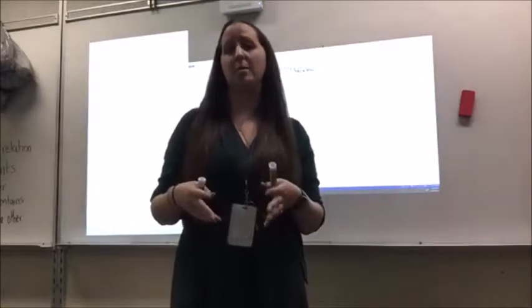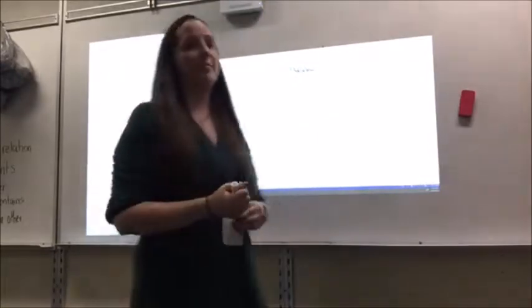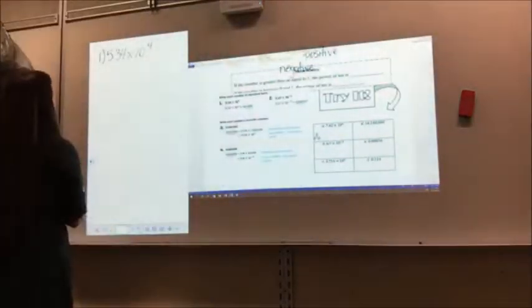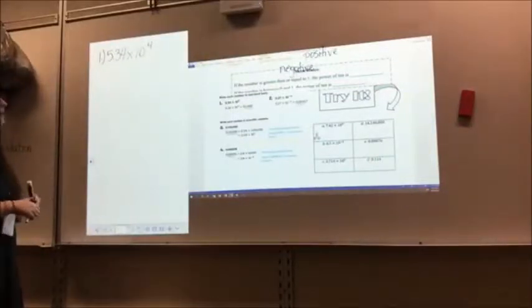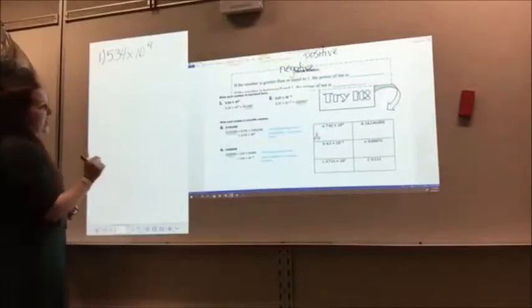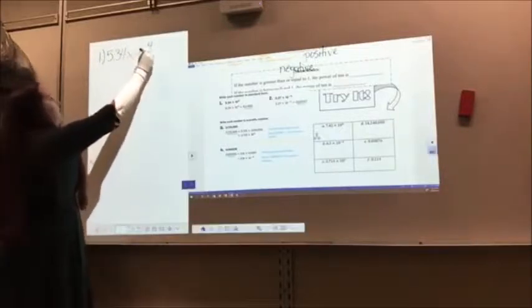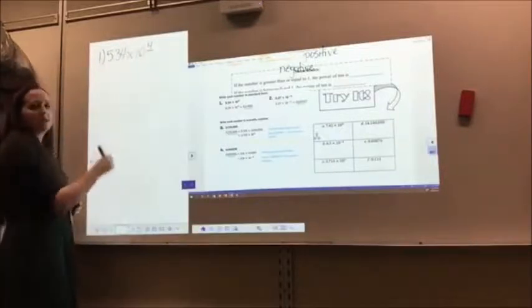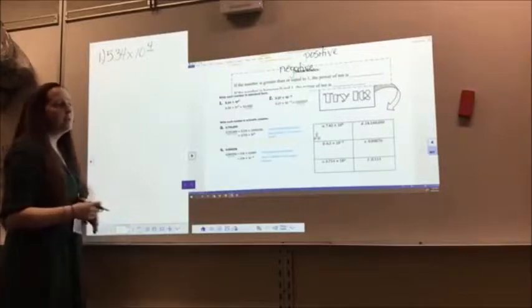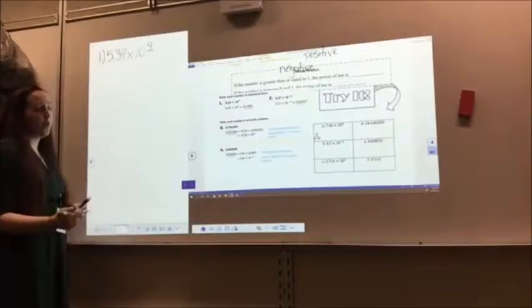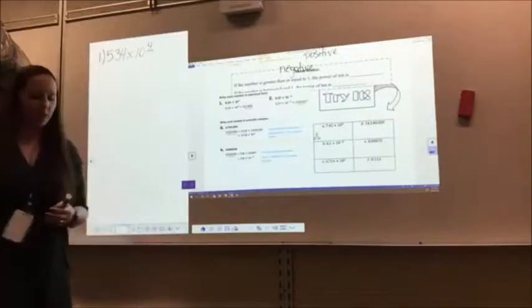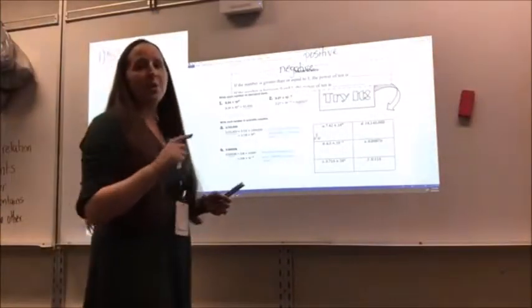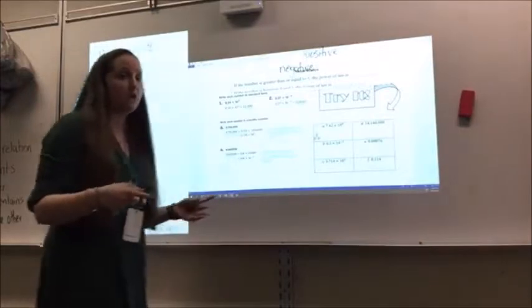That's standard form versus scientific notation. The exponent tells me how many spots I want to move my decimal. Normally, going from standard form to scientific notation, I'd be going towards the left. I want to go the opposite way, so I'm changing it back.